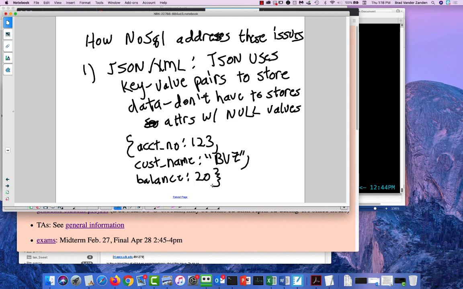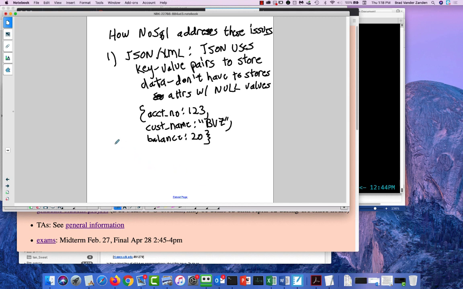NoSQL allows lists, or JSON sometimes calls them arrays, to represent multi-valued attributes.